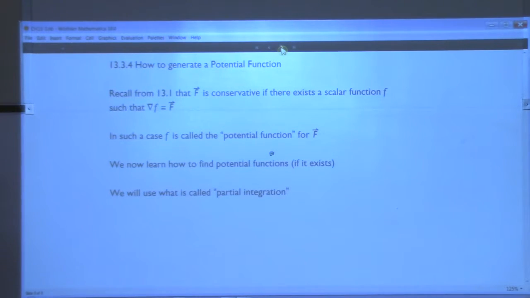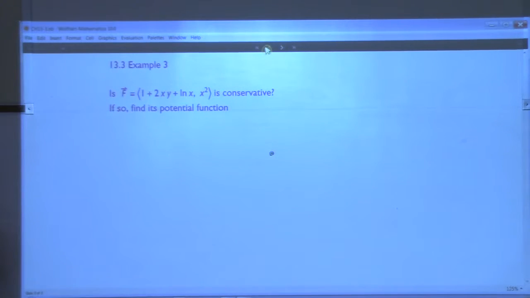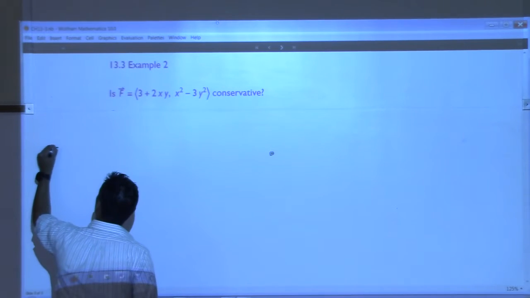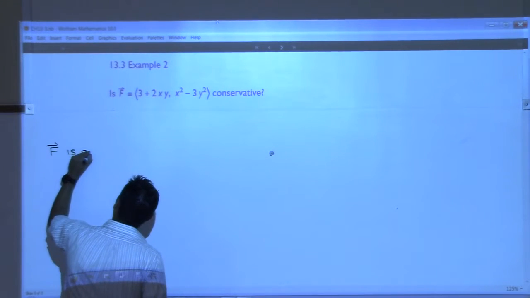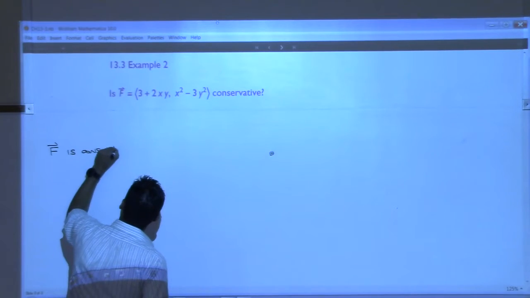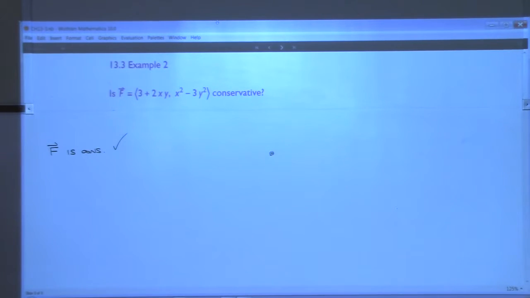We're going backwards now. Let's do this example first. Okay, so everyone agrees that this F is conservative, right? Yes, everyone agrees F is conservative.